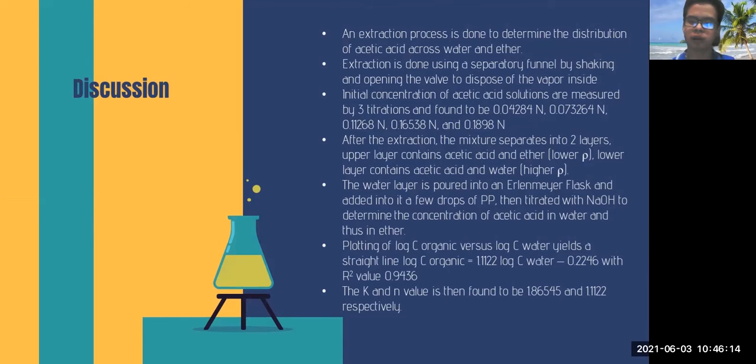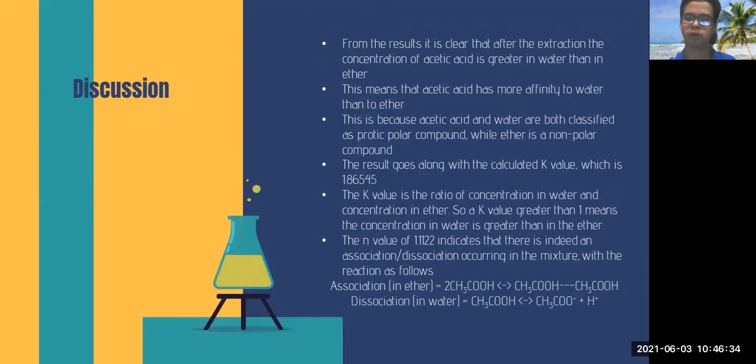The plotting of log C organic versus log C water will yield a straight line with the equation as follows, with the coefficient of determination value to be 0.9436. The K and n values are then found to be 1.86545 and 1.1122 respectively. From the results, it is clear that after the extraction, the concentration of acetic acid is greater in water than in ether.